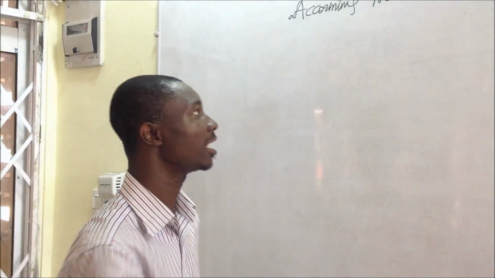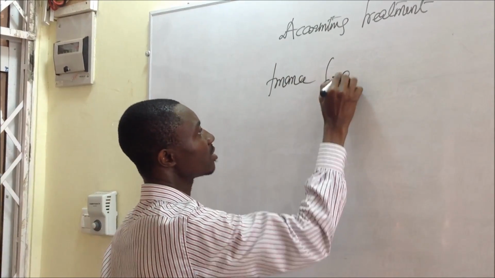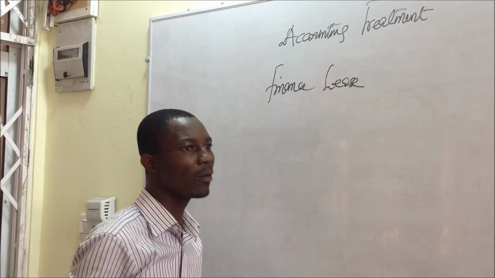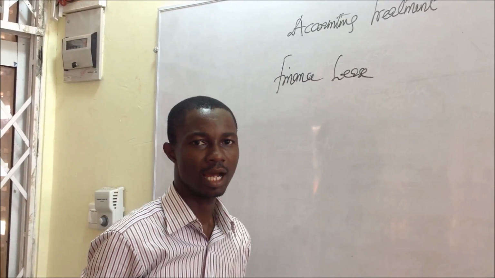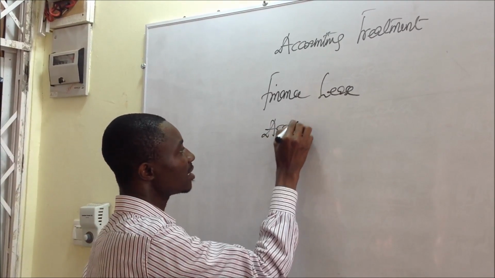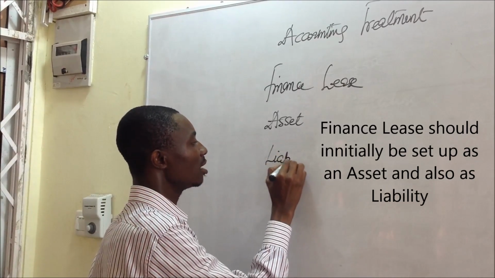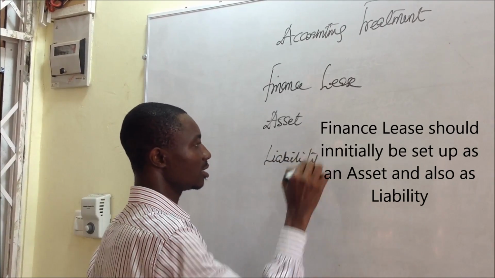Now let's look at the treatment of finance lease. Now when it comes to finance lease, initially we would have to recognize the finance lease as an asset and also as a liability.